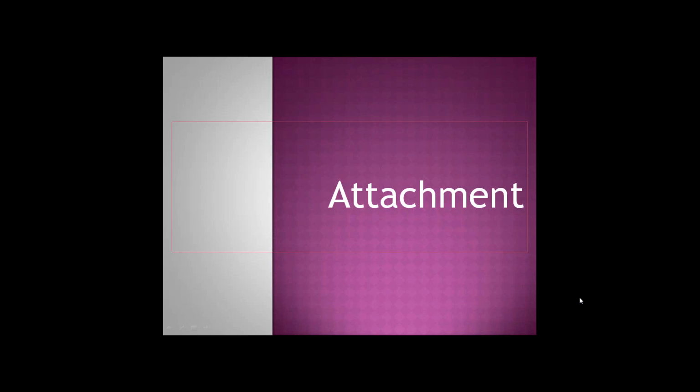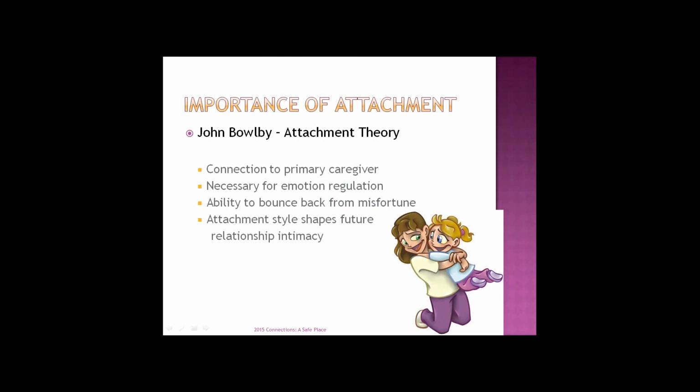So let's get started. Today we're looking at attachment issues. I want to introduce you first to the concept of attachment theory, which was presented by John Bowlby. He presents the concept that attachment that happens between a child and a mother or caregiver is the most important beginning step for being able to create healthy attachment as an adult.